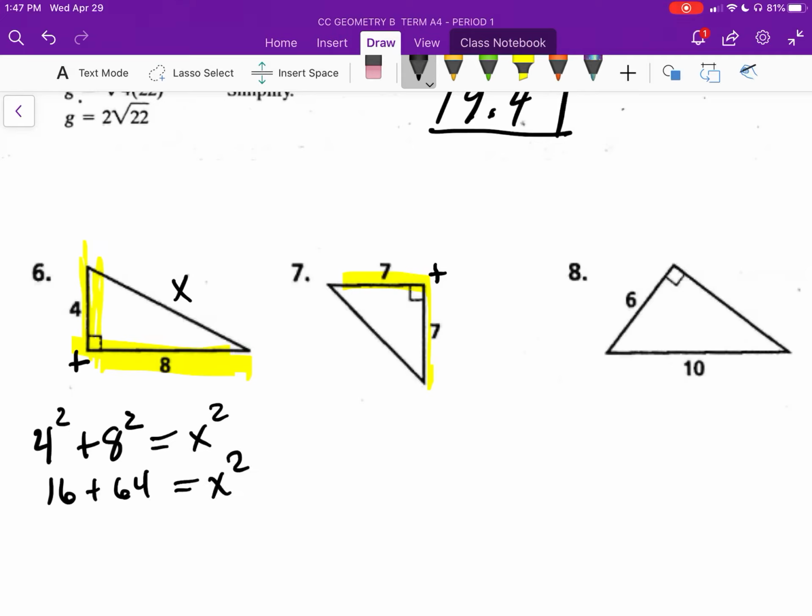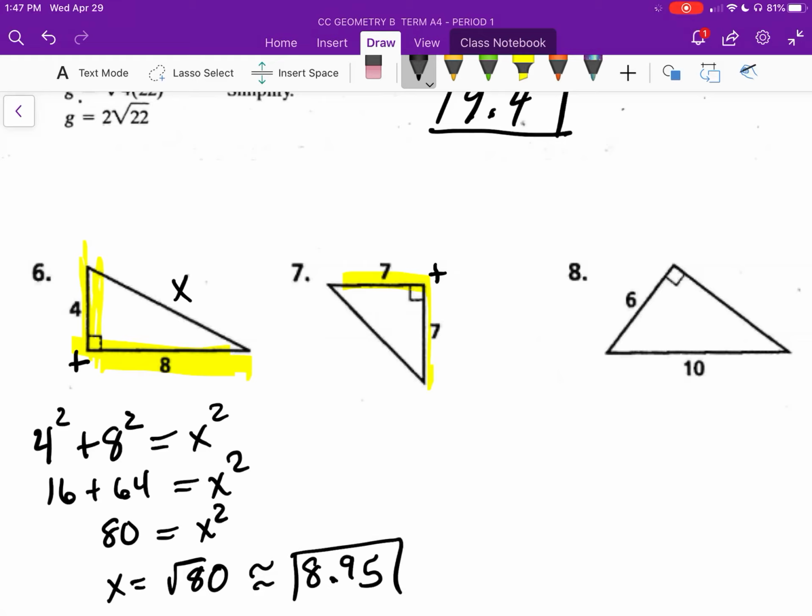And if we add 16 plus 64, we get 80. And so x is going to be the square root of 80. And 80 is really close to 81, so I'm going to estimate that this is probably 8.95, right? I can use my calculator, but it's pretty close to 8.95.